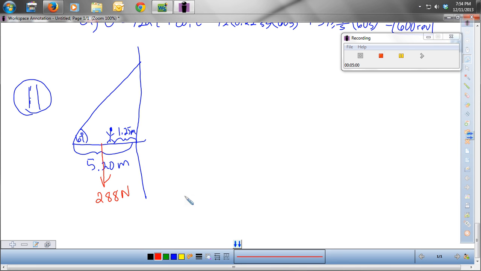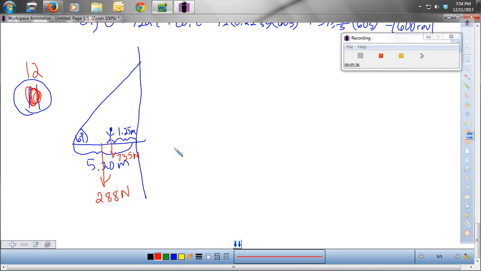That was 735 newtons. So his weight is right here, and it's 735 newtons. Alright, so I got all of that so far. And then, oh, you know what, I think I'm doing number 12 instead of number 11. I apologize. We'll go back and do 11 in a minute.